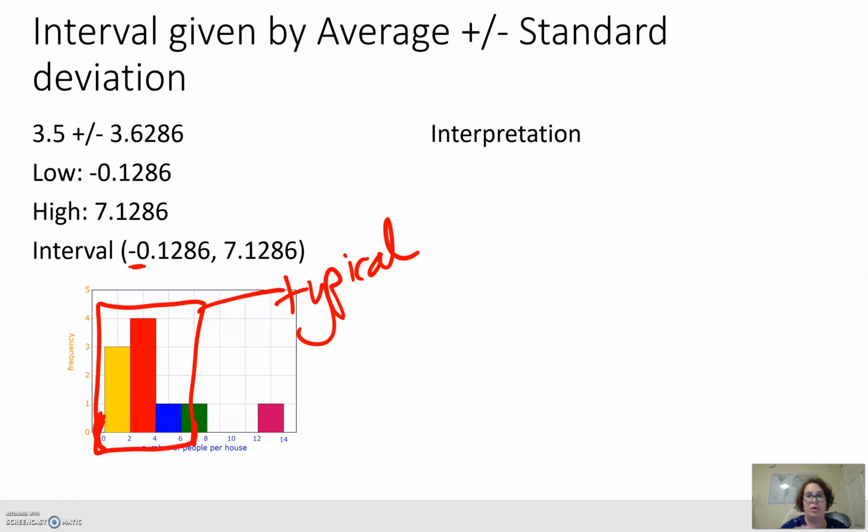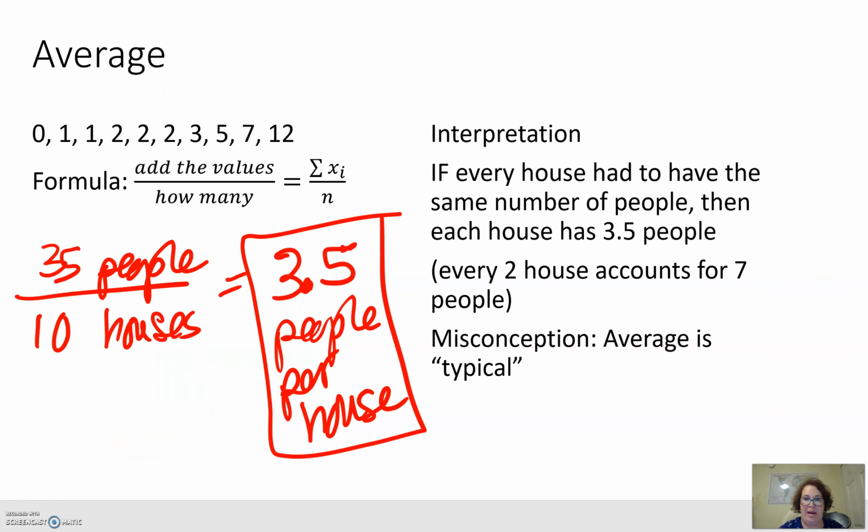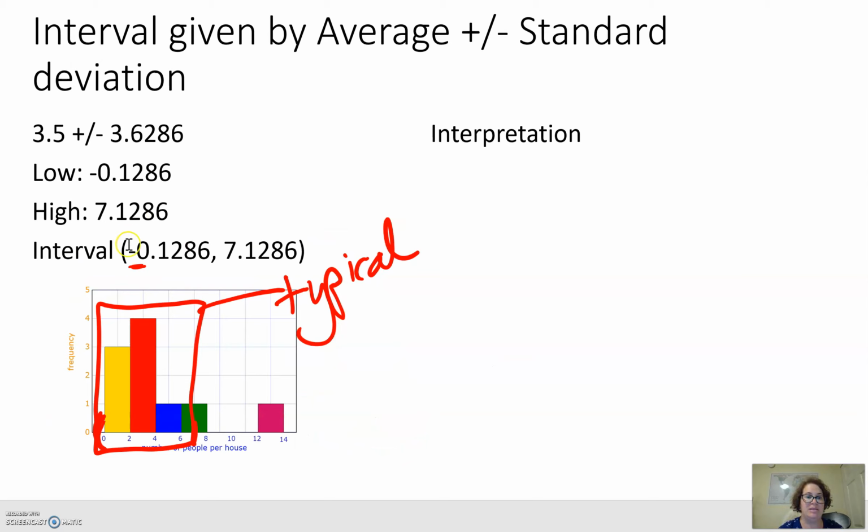Okay, so let's go back just a moment. Typical. Most expected, that is what to expect. When we were talking about average, we made a big deal about saying there's a misconception that average is typical. No, it's not. What is typical, how we understand things, is the average, add or subtract a standard deviation.